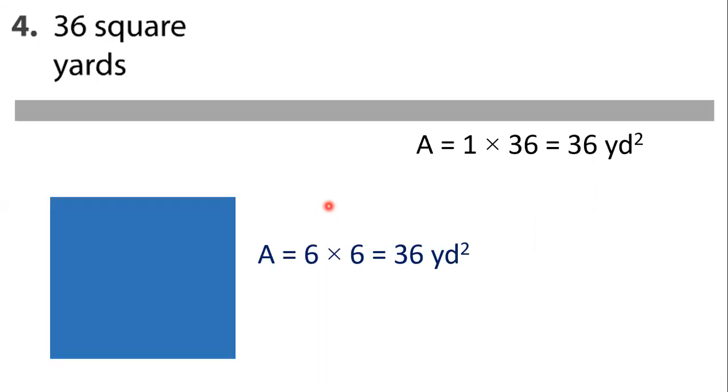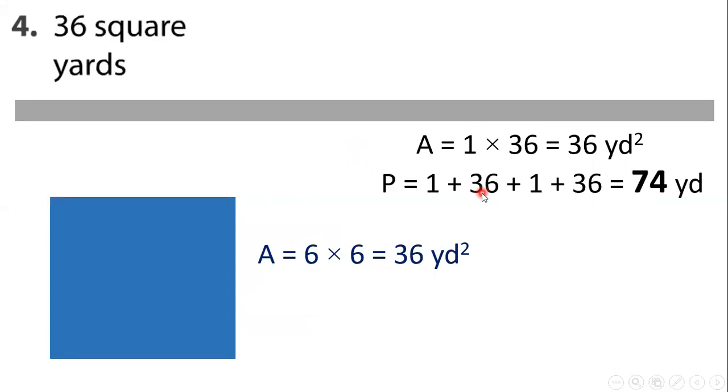Now we need to find the perimeter of each rectangle. These two sides here are 1 yard long, and these two sides are 36 yards long. So the perimeter of this rectangle is 1 plus 36 plus 1 plus 36 equals 74 yards.